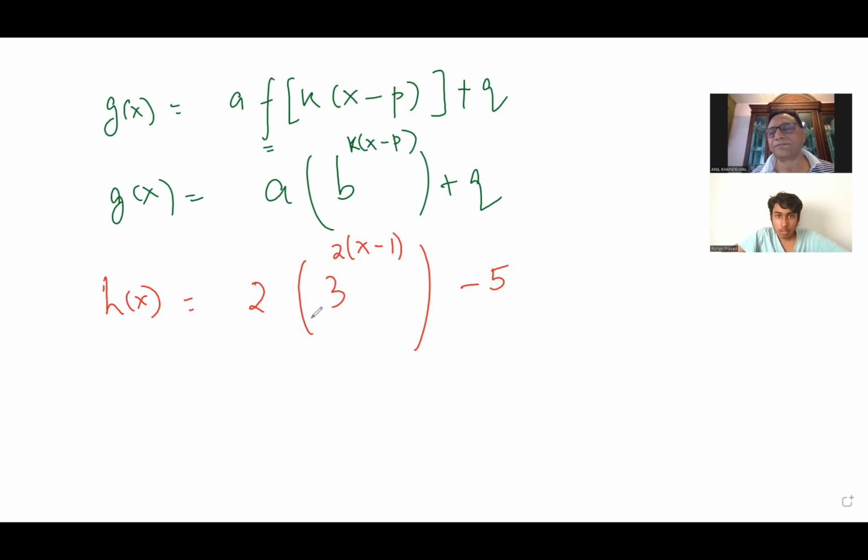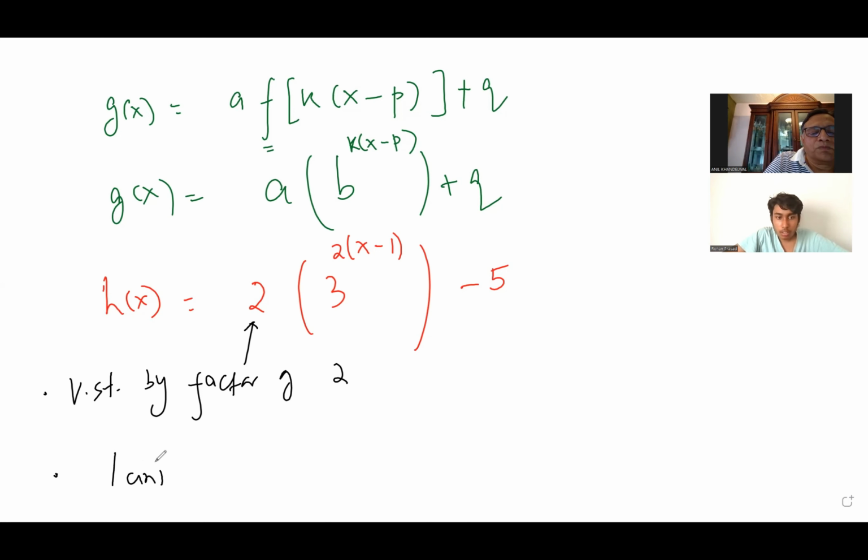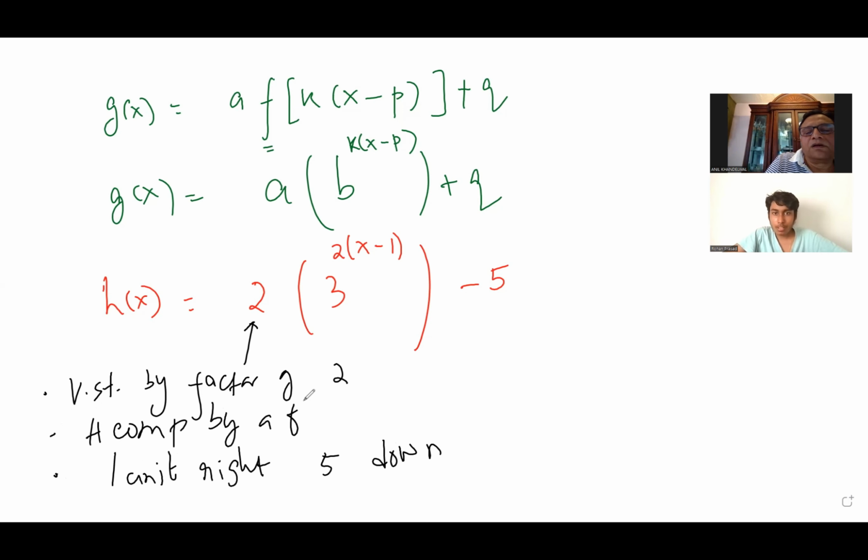Correct. So the graph is vertically stretched by a factor of 2. Correct. It is shifted 1 unit to the right and 5 units down. Correct. And it is horizontally compressed by a factor of 2.